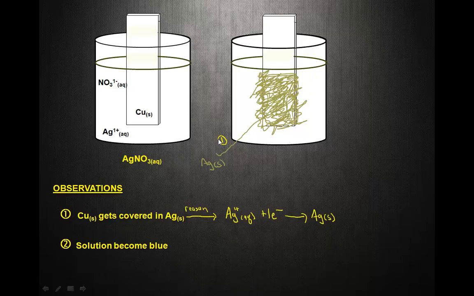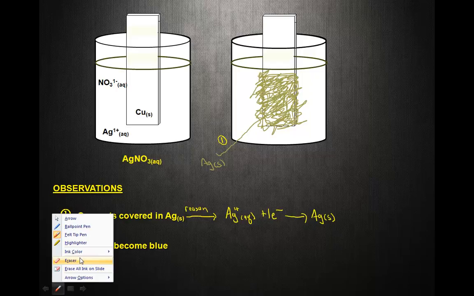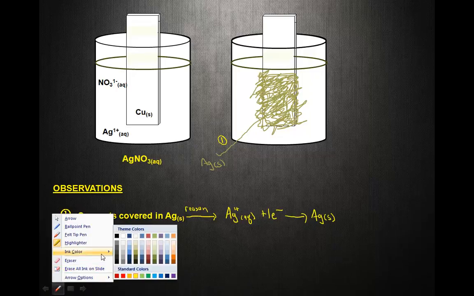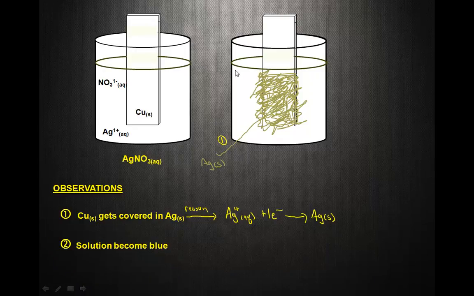Now, the other thing that we notice is the solution starts to become blue in the second beaker. So I'll try to shade that in here. Okay, so you'll just have to label it on yours. But this solution starts to become blue.